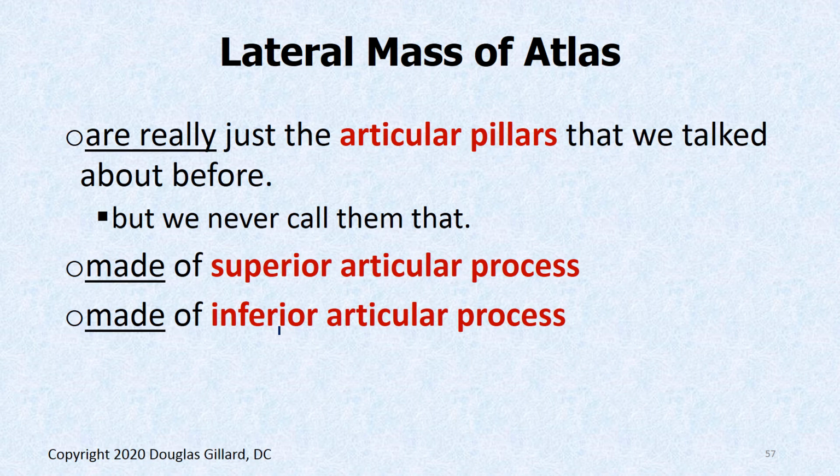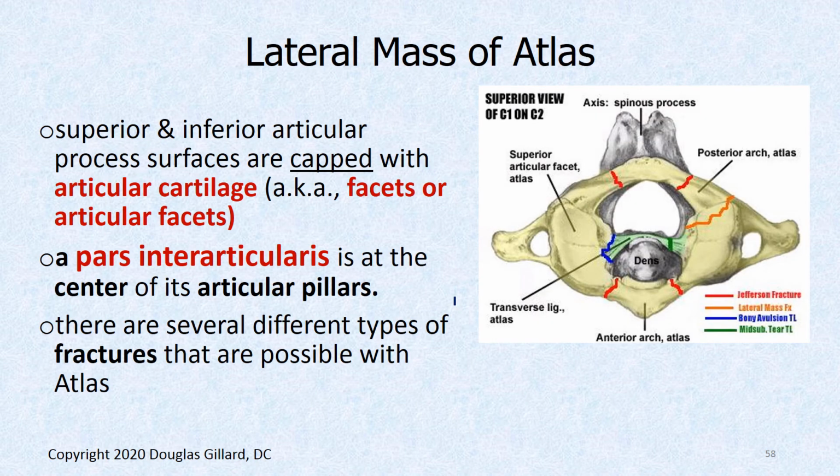Lateral masses are just articular pillars. We shouldn't call them that, I say here. I guess maybe that's what Cramer must have said then. So maybe we better not call them the articular pillars. I'll have to check that. I don't see why you can't call them that, but they're made of superior and inferior articular facet, as we've seen.